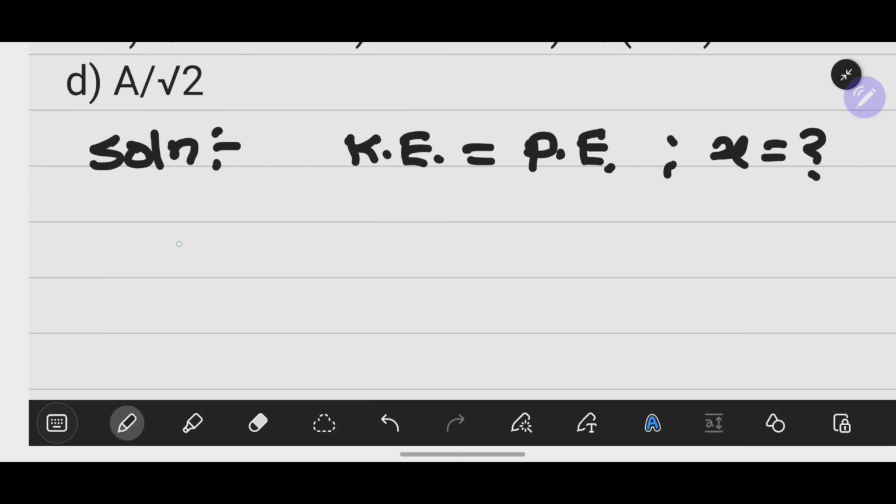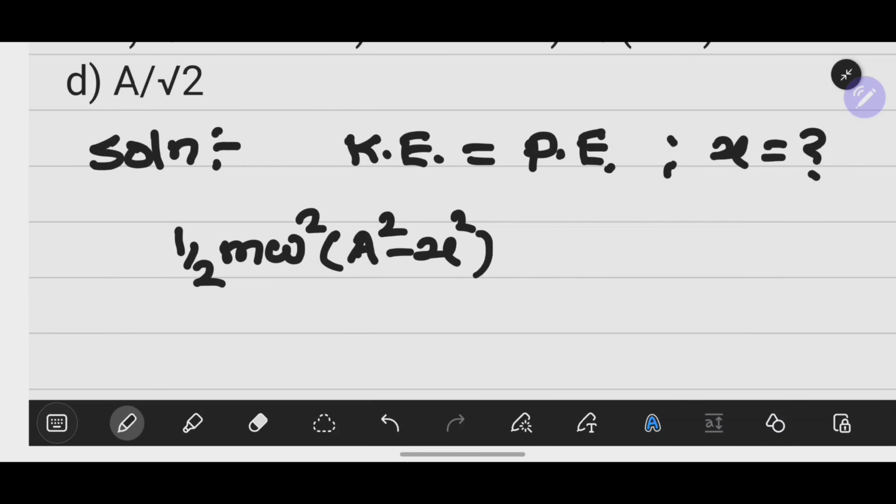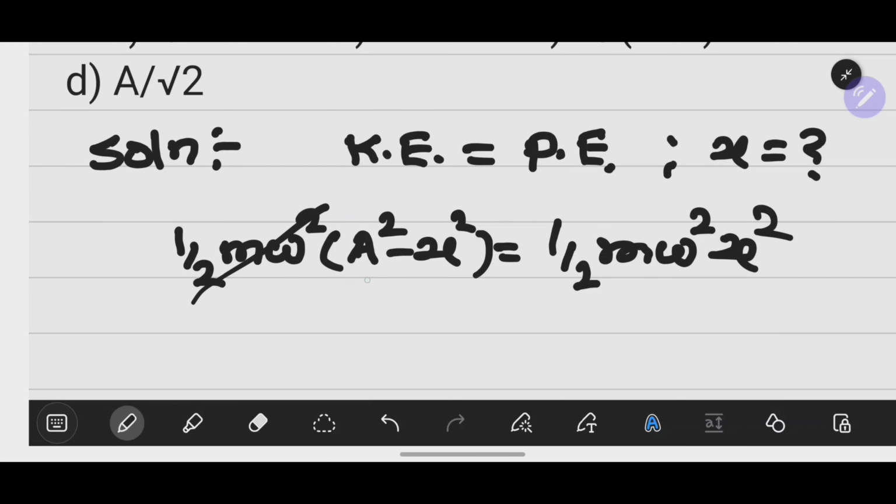As we know the kinetic energy equation in simple harmonic motion is half of m omega square in bracket a square minus x square. And the potential energy is half of m omega square x square. The common terms get cancelled, and the remaining factor is a square minus x square is equal to x square.